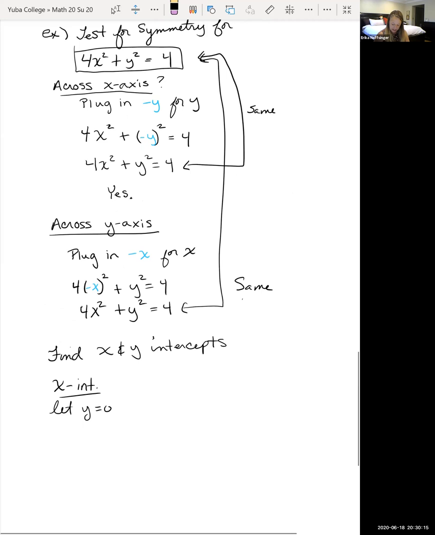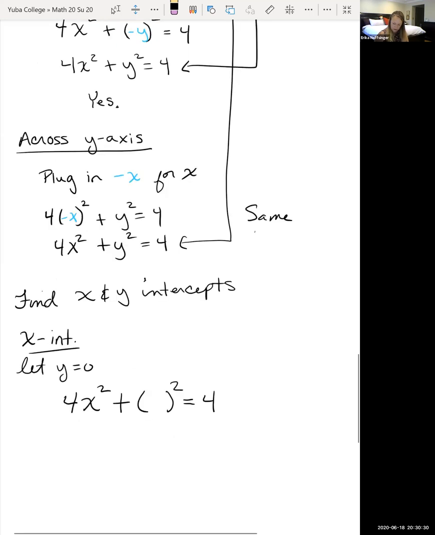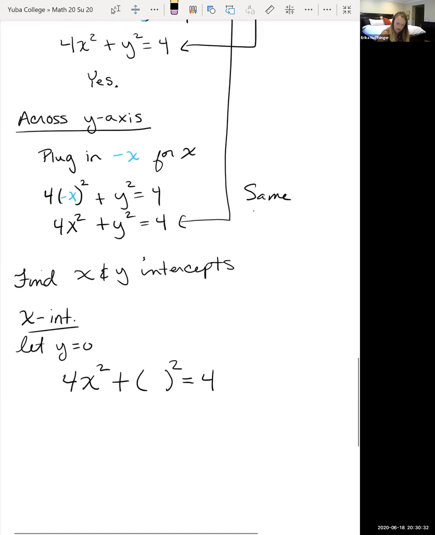So our original equation, we had 4x squared plus, I'm going to let y equal 0, so I'm going to replace that with parentheses, squared equals 4. So 4x squared plus 0 squared, so we get 4x squared equals 4.